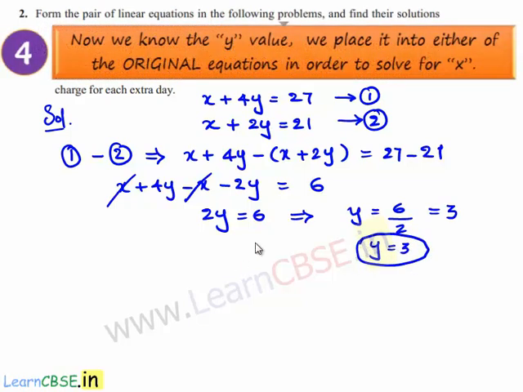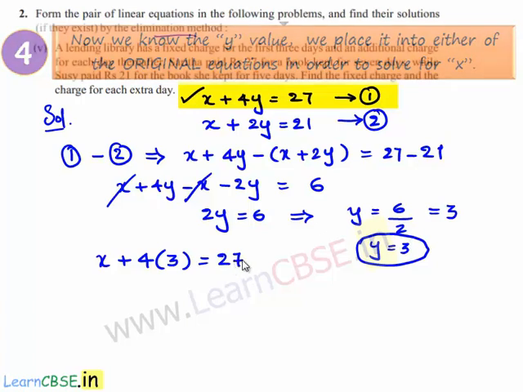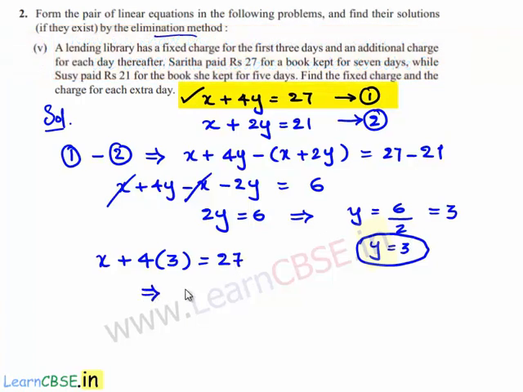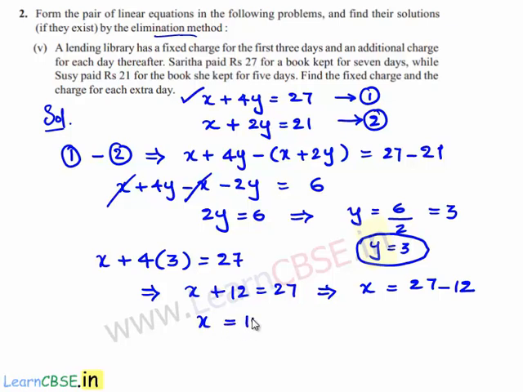Now, in order to obtain the value of x, let us substitute the value of y in equation 1. x plus 4 times of y, which is 4 times of 3, is equal to 27, which implies x plus 12 is equal to 27. That gives x is equal to 27 minus 12, which is x is equal to 15.